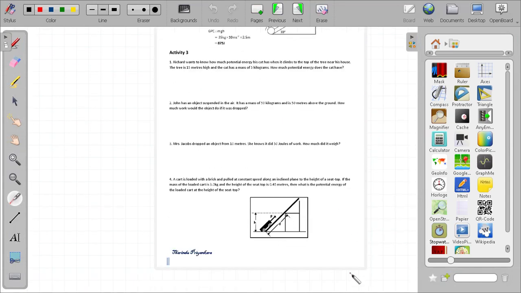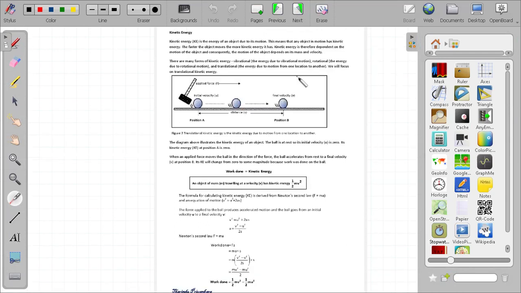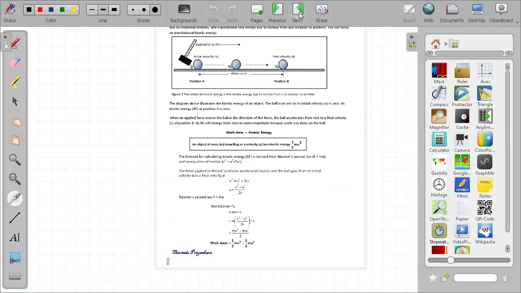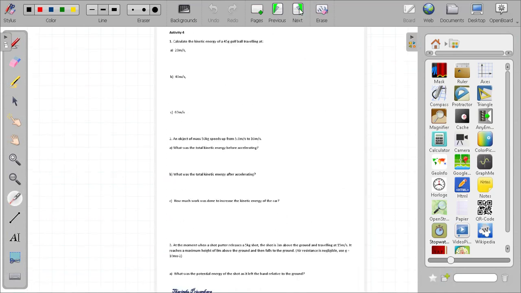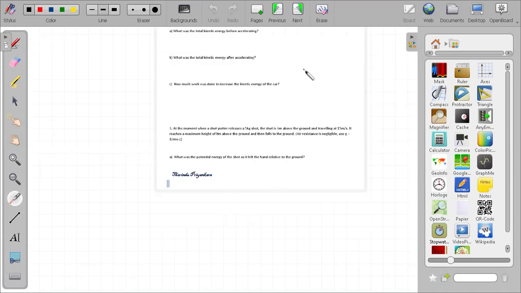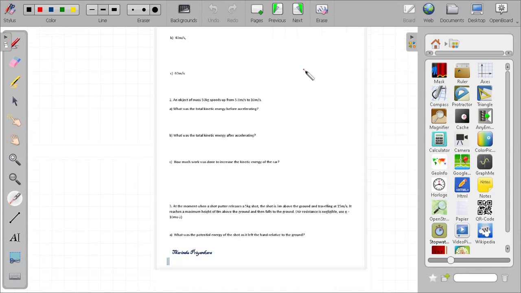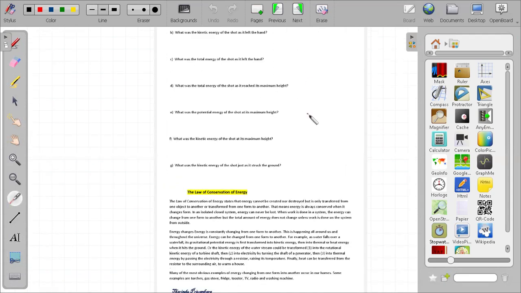And examples are there. Kinetic energy I explained to you, very simple. So let's try these questions. After that we can have an interval.